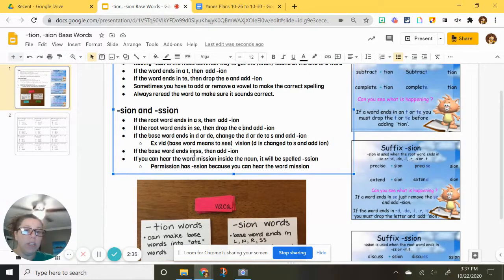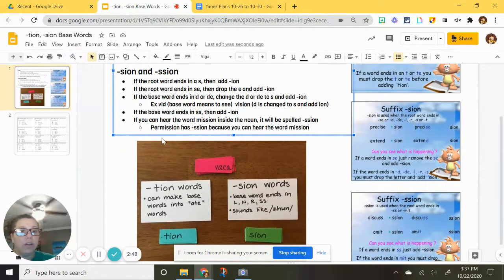Now, if the base word ends in SS, then only add the ion. And then we kind of did one already on the other one. We did admission on my other video. If the base word ends in SS, then add ion, like in the word mission. The word is miss.